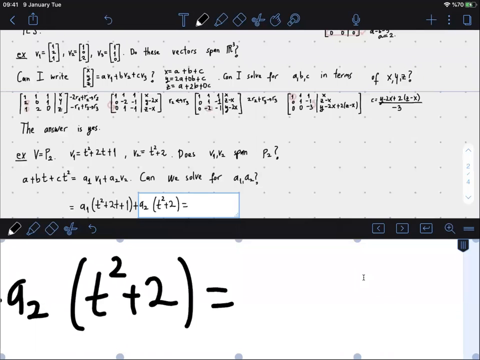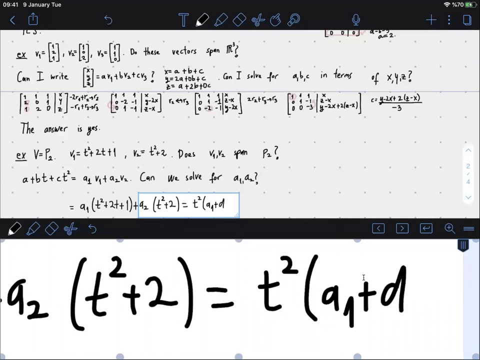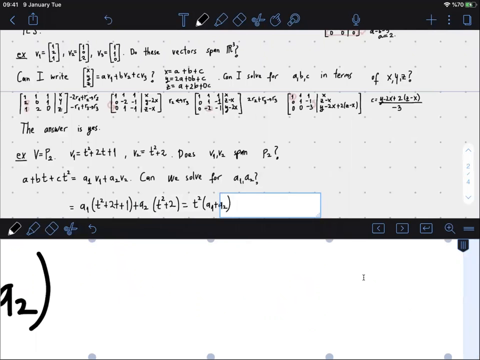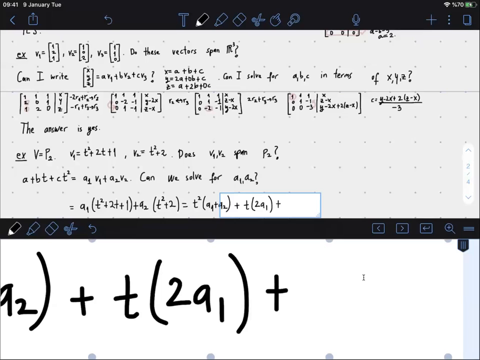So I get t squared times (a1 plus a2), t times 2a1, and constant terms a1 plus 2a2.